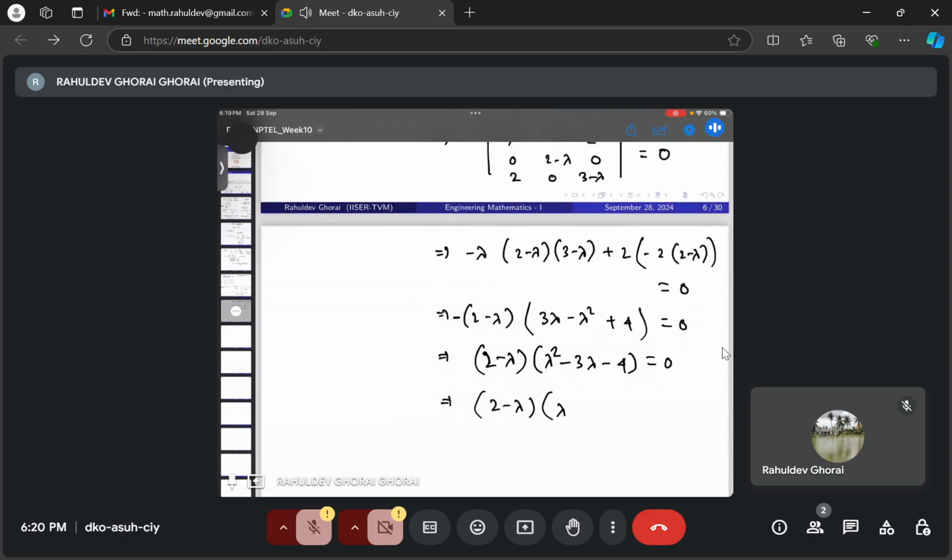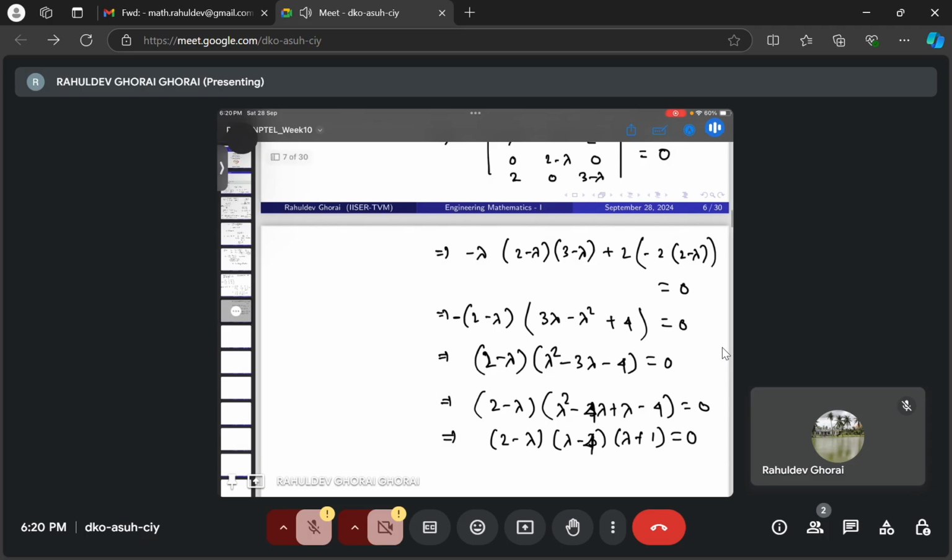If you see this, it factorizes as lambda minus 4 and lambda plus 1, so that is equal to 0.